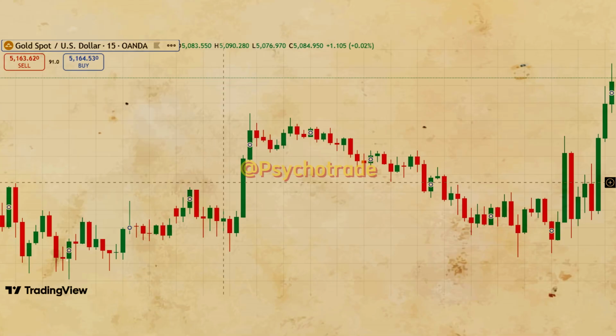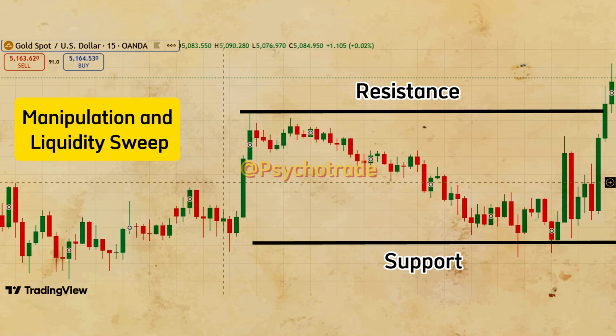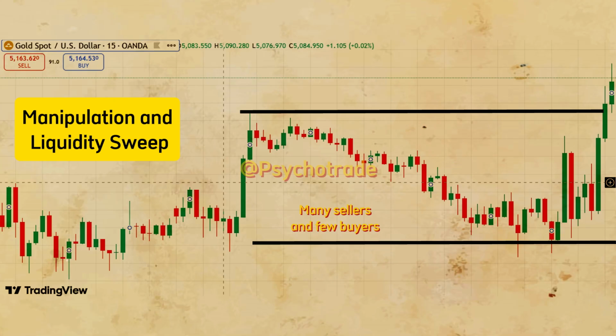The first principle is manipulation and liquidity sweep. When you look at a resistance zone or supply area, you may notice that price was previously moving downward toward a support zone. This downward movement often happens because there are many sellers in the market and fewer buyers, creating selling pressure. However, institutions see something different. They see liquidity and opportunity.